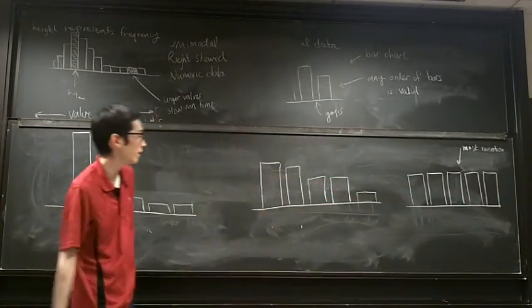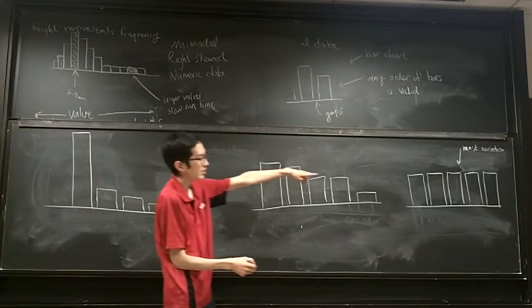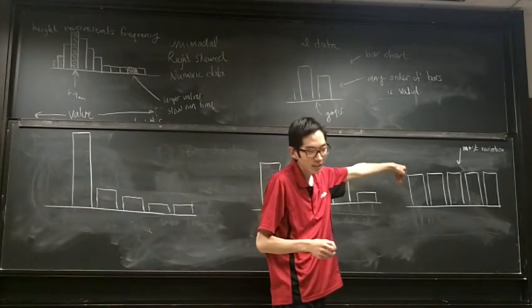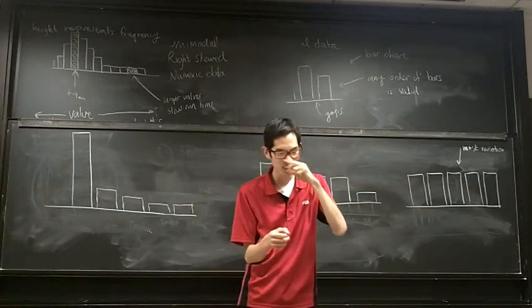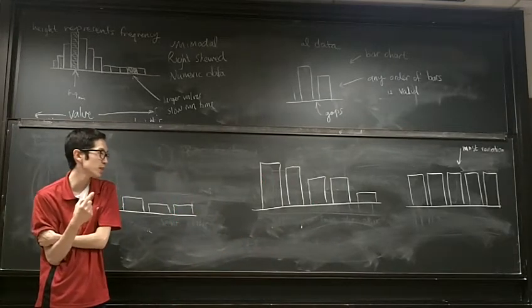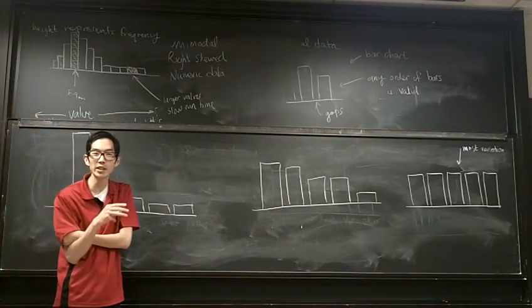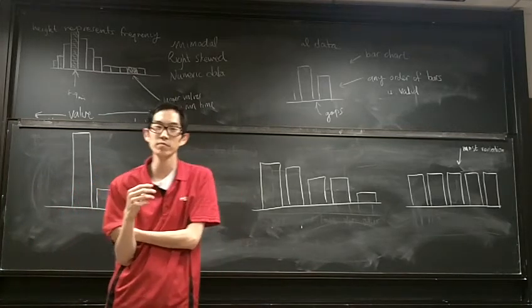We're not looking at the height. I mean, we are looking at the heights of the bars, but even here where all the bars are the same height, we're not worried that the bars are the same height. Okay. Remember, we're thinking of the underlying data, which is a categorical variable. Okay?